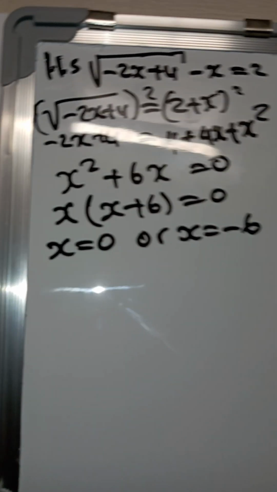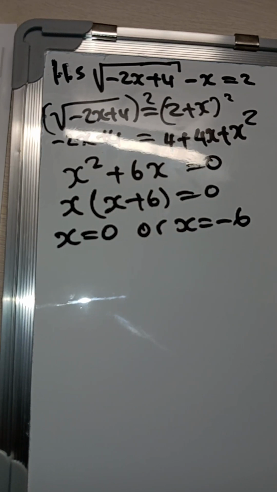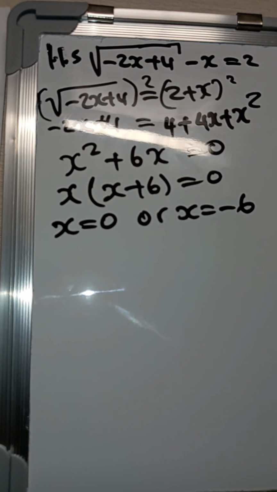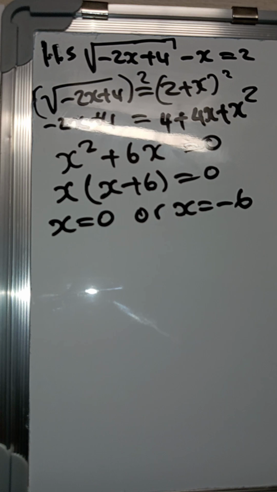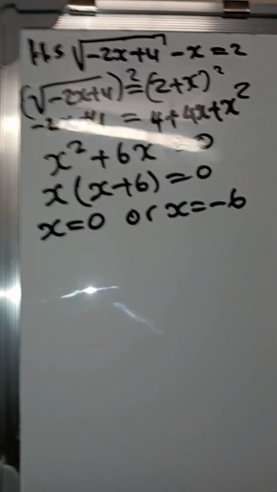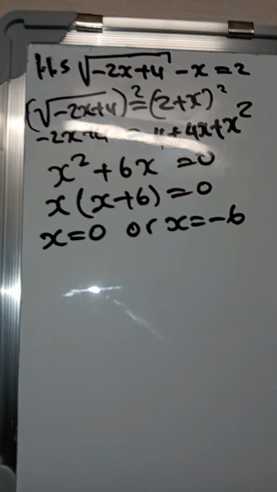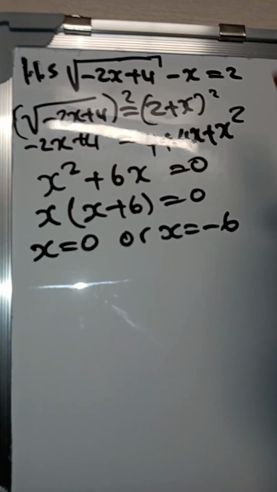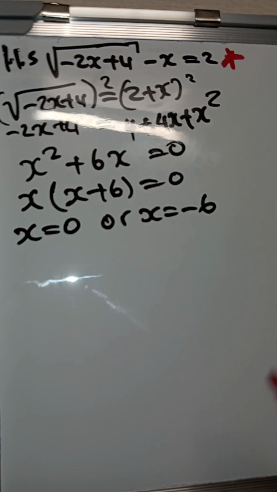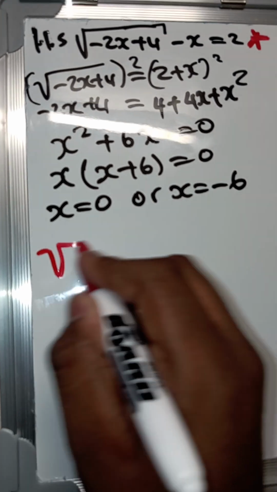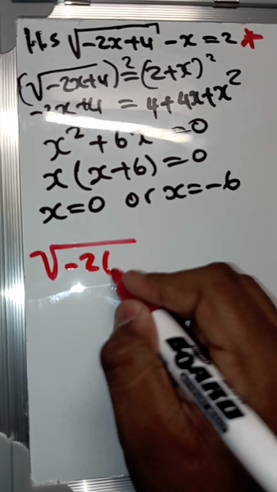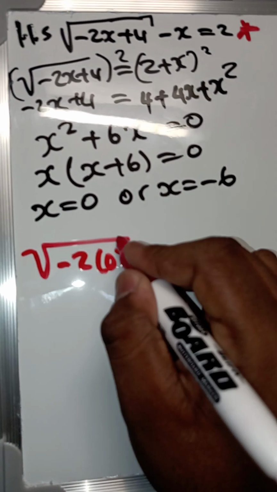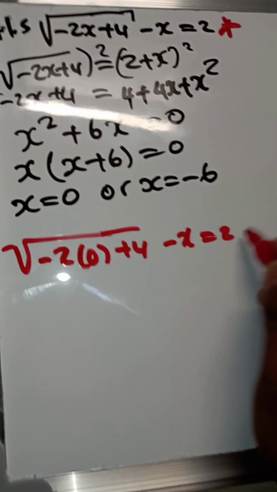Not to waste time. So I'm just going to do it freehand here so that you can see what the correct value is there. Okay. Now we start with x equals 0. Whenever you do this, you plug everything into the original equation given. You just do the square root of negative 2, where there is x you put 0, plus 4, minus x equals 2.